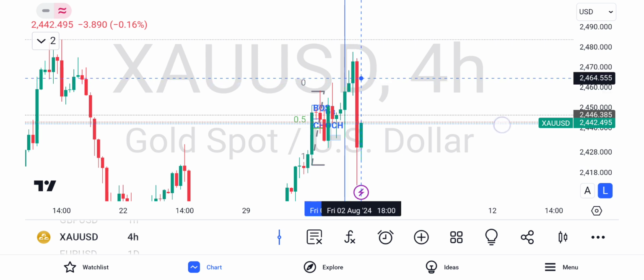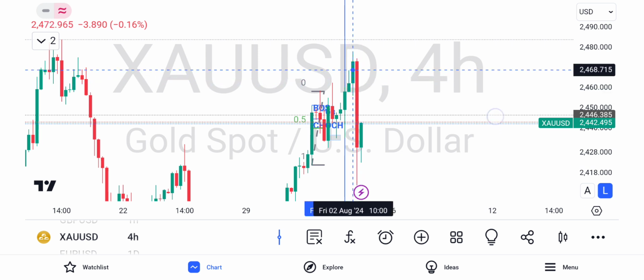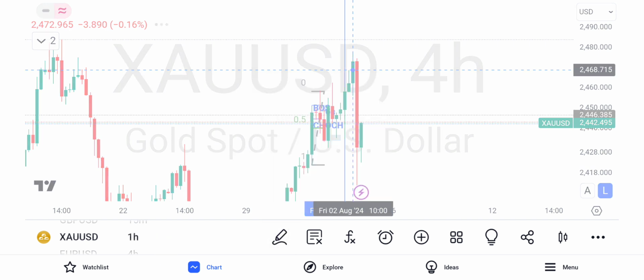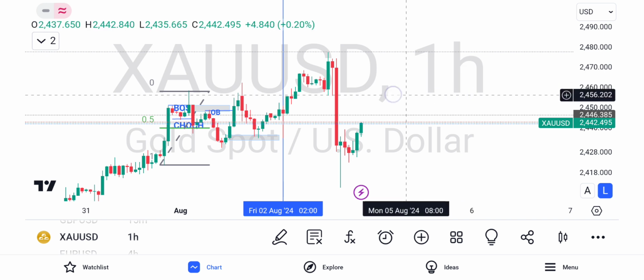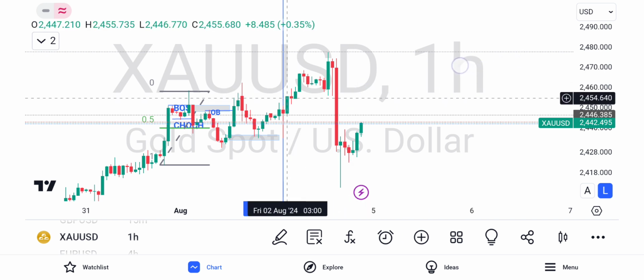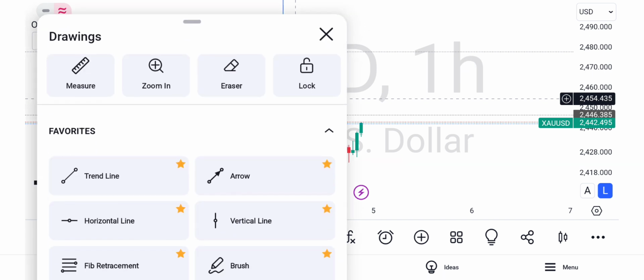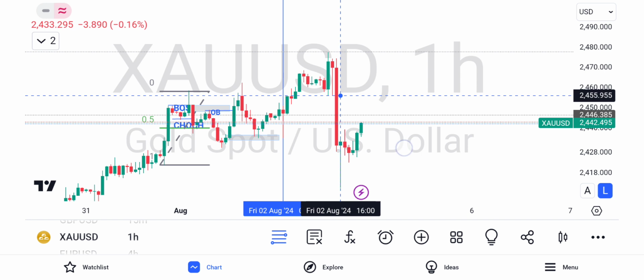So we move down to our lower time frame, 1 hour, and let's use our liner again. This was where we drew our Fibonacci tool. Fib here.